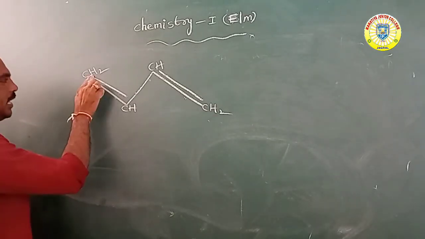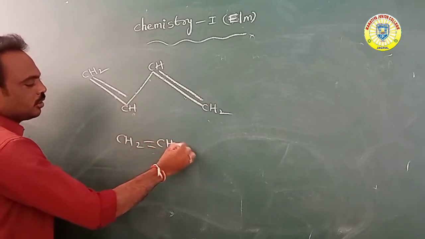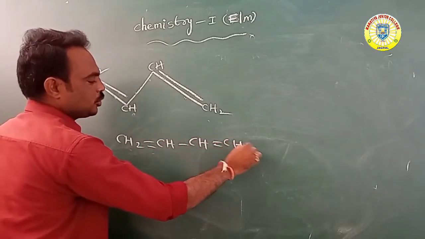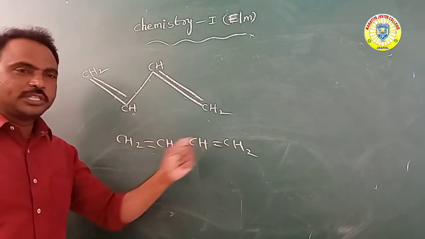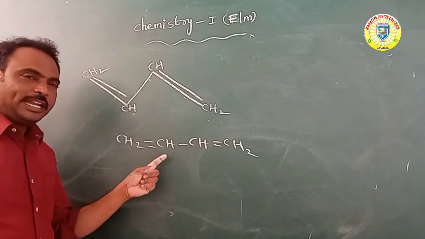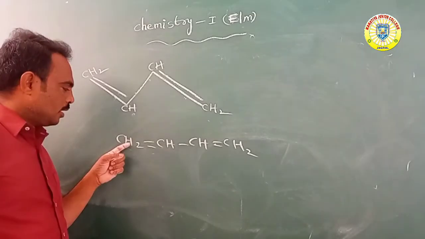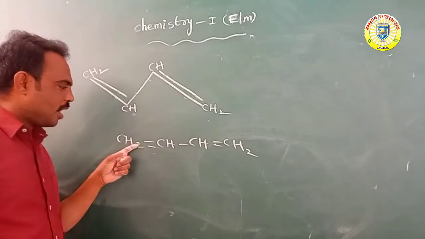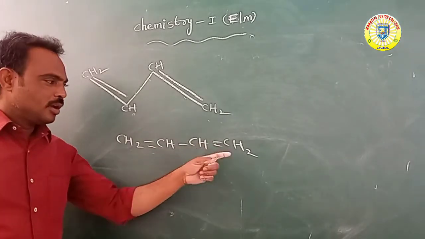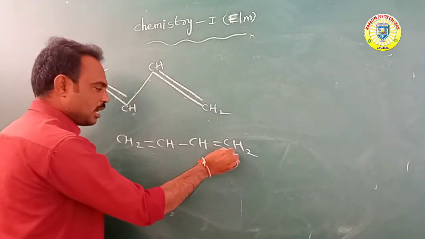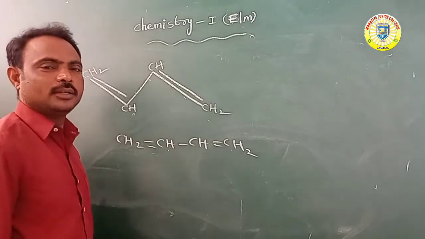So CH2 double bond CH bond CH double bond CH2. It contains 2 double bonds. From the left side, the double bonds belong to the first carbon and the third carbon, and from the right side also the first carbon and third carbon.